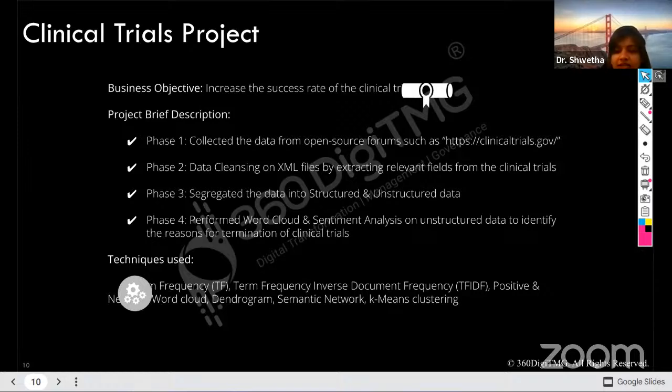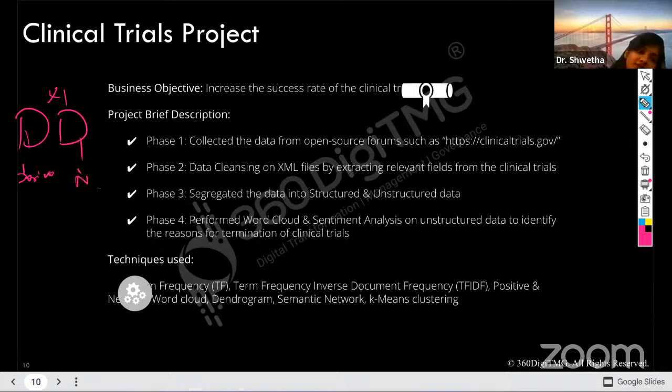Next, there is positive and negative word cloud. We can build two word clouds to understand what are the positive words that are being spoken, what are the negative words that are being spoken. Once we structure the unstructured data, we can also build a dendrogram and apply other techniques also so that we can get the interest variable.